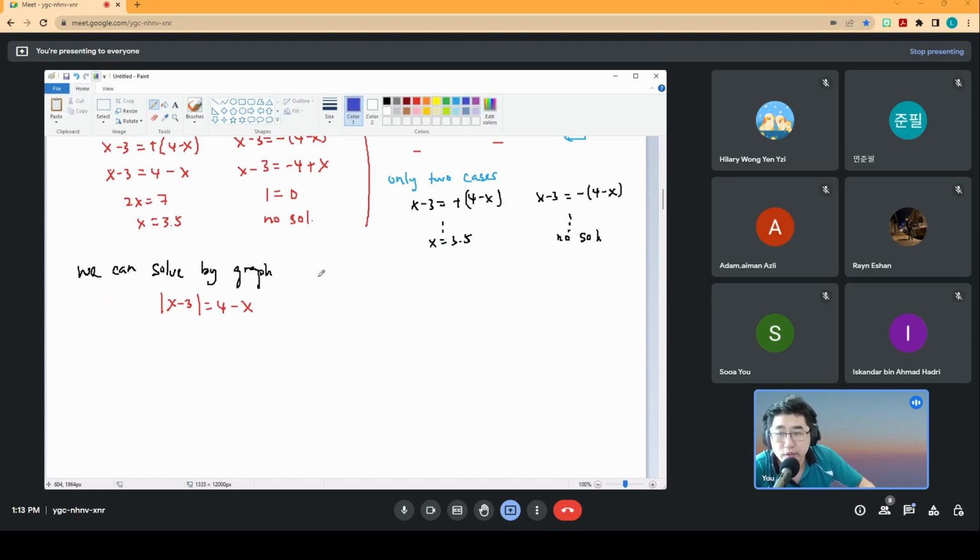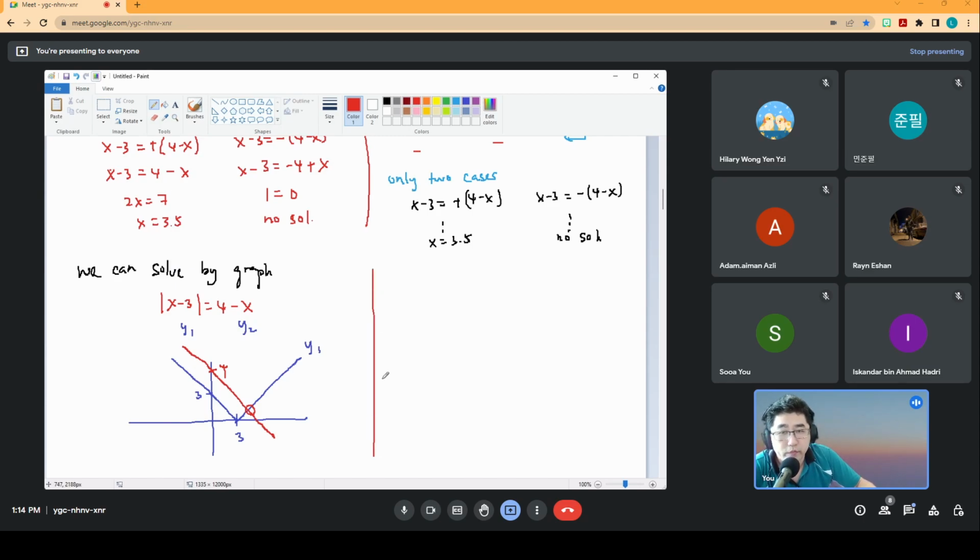Let's say I treat this as my y1, this one as my y2. My y1, x minus 3 graph over here. So I have this is a 3, this is a 3. This is my y1. Then I have my y2, 4 minus x, I have 4 here. You'll realize that I only intersect at one point. 3 point something, 3.5. Oh, consistent, as you can see.